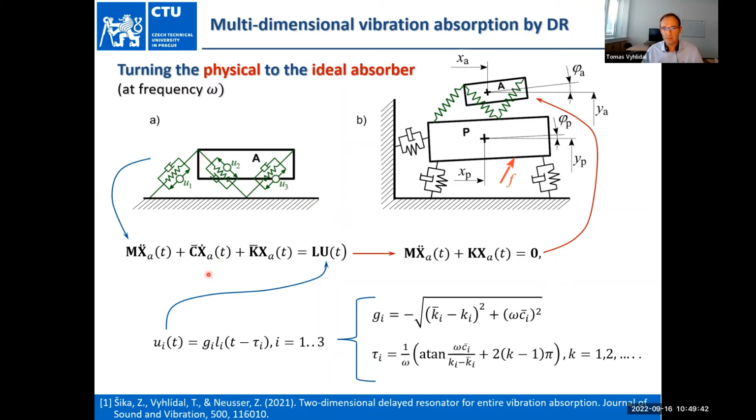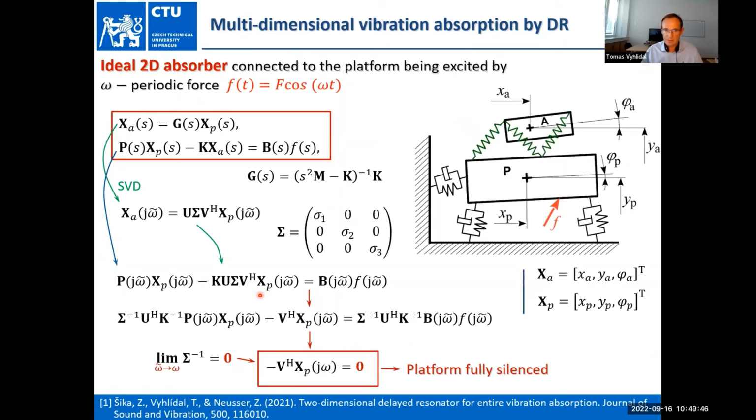So it can be done pointwise for a single frequency, and it can be relatively easily shown that if we do that, after performing some transfer function analysis of the MIMO system, if we assign this unified eigenfrequency, we have these 3 singular values of the absorber at infinity.